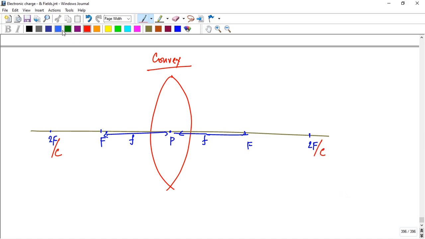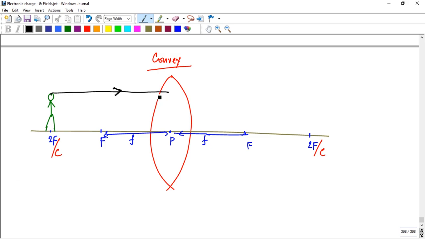If the object is standing on the second focus, or center of curvature point, a ray parallel to the principal axis falls on the convex lens surface as an incident ray.